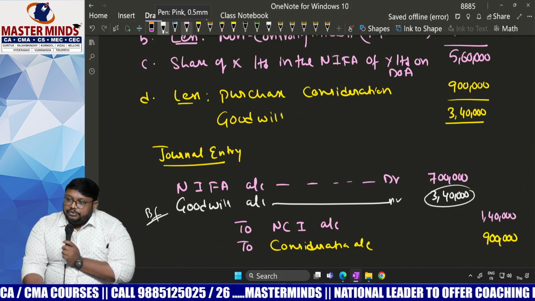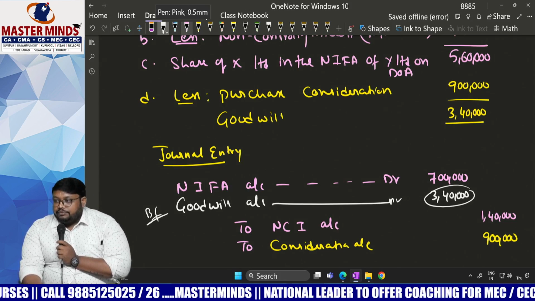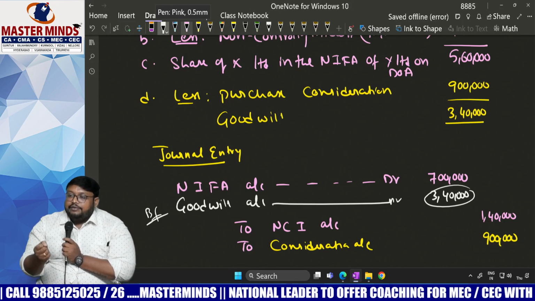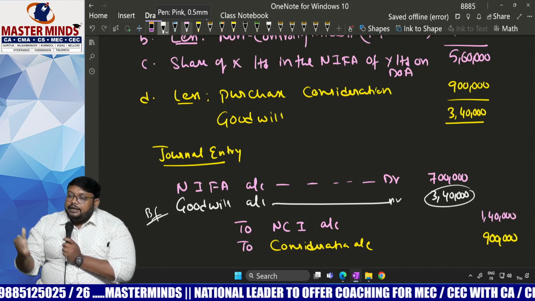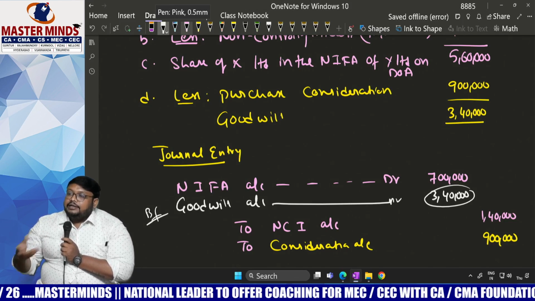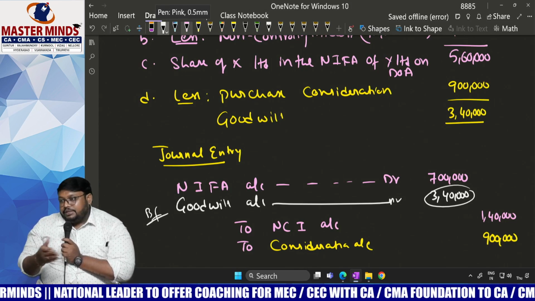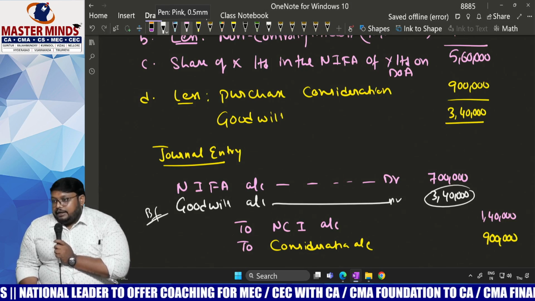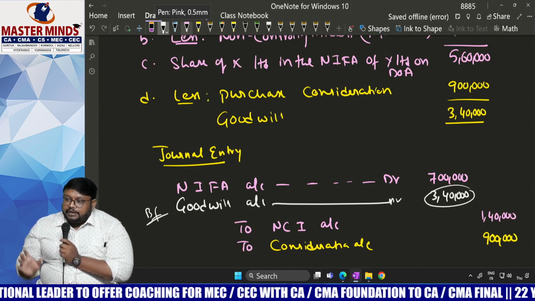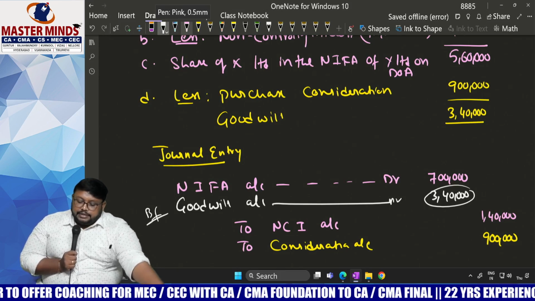The difference will be goodwill or gain on bargain purchase. If given separately, show separately, because assets have a debit balance and liabilities a credit balance. But here the net identifiable assets were given directly, so we took the net amount, since we don't know the separation. If separation is given, do it separately, otherwise take the net value.